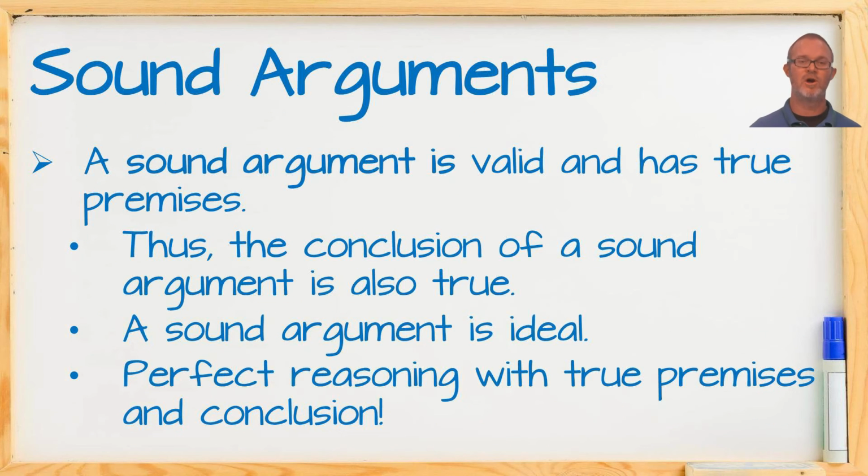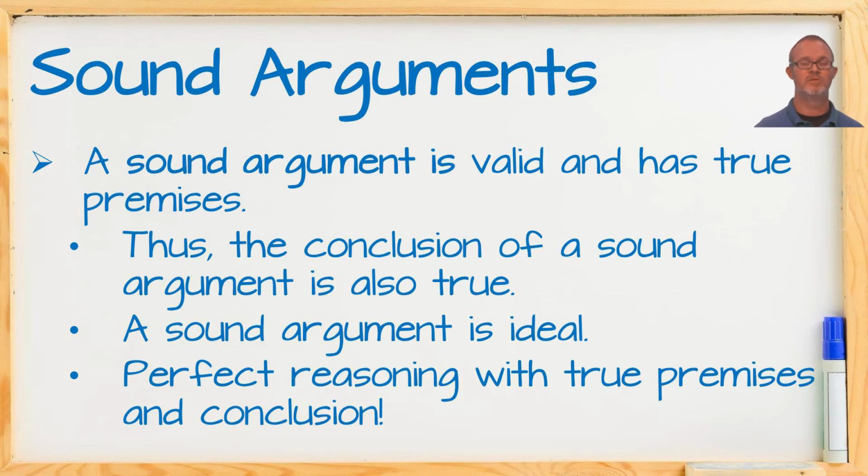The last concept we'll discuss for this video is the idea of a sound argument. A sound argument is just a valid argument first, and it's also got all true premises. As we saw with valid arguments, when we have a valid argument with true premises, it has to follow that the conclusion is true.